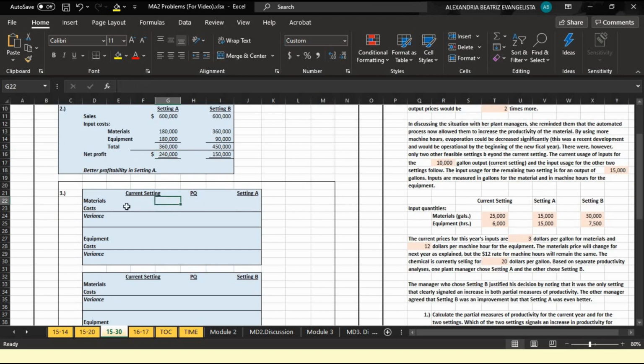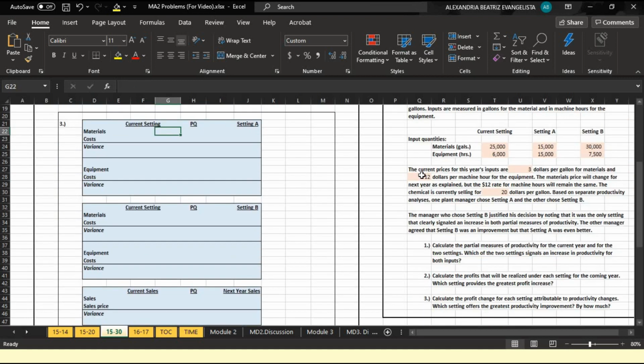Okay, now let's proceed on to the last requirement, which is calculate the profit change for each setting attributable to productivity changes. Which setting offers the greatest productivity improvement, and by how much?